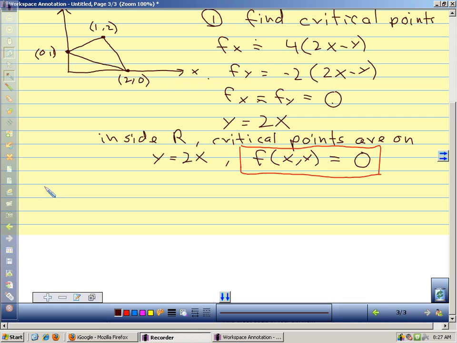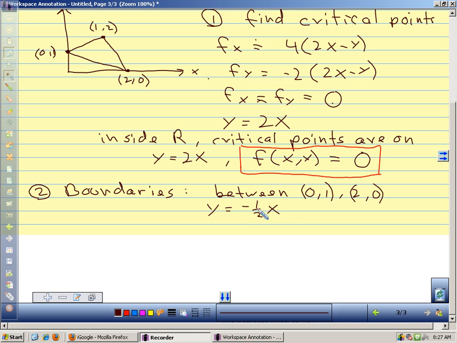So let's take a look at the boundaries. Between the points (0, 1) and (2, 0), the equation for the line there is y equals minus 1/2 x plus 1. That's the equation of this line.